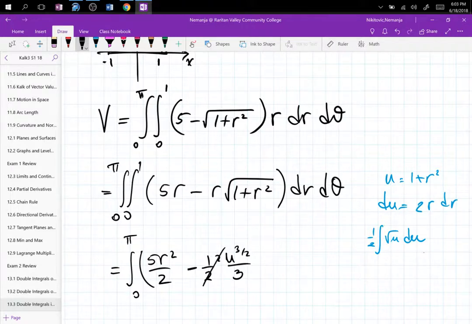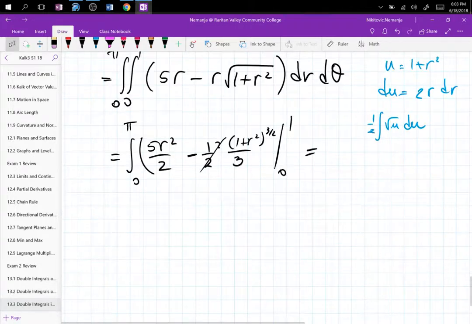So this dies, and u is 1 plus r squared to the 3/2. Great. Computed from 0 to 1. I still have d theta.